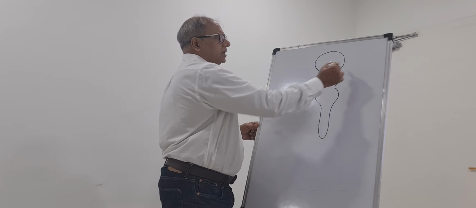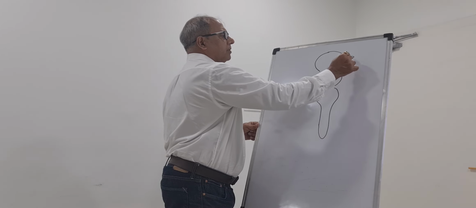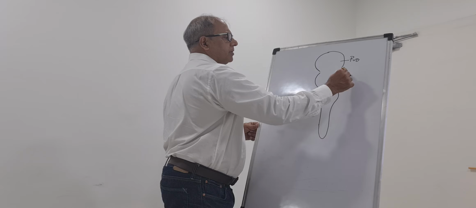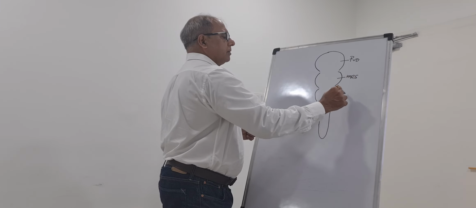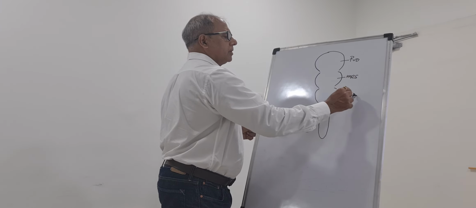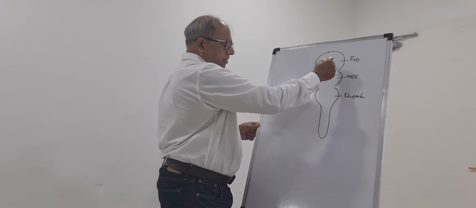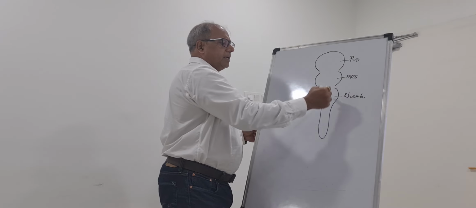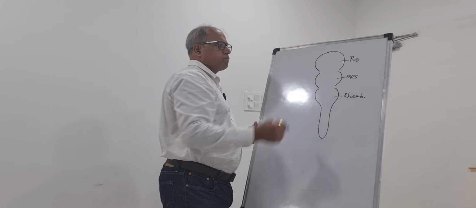These 3 constrictions are called prosencephalon, mesencephalon and rhombencephalon. These 3 parts make the forebrain, midbrain and hindbrain.